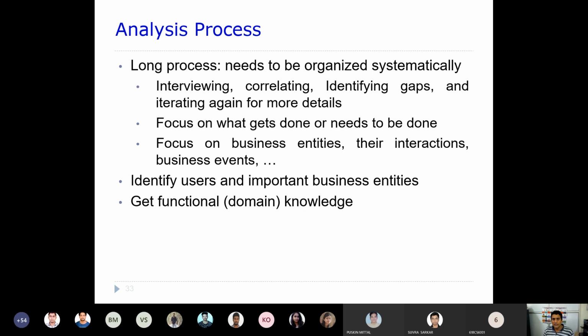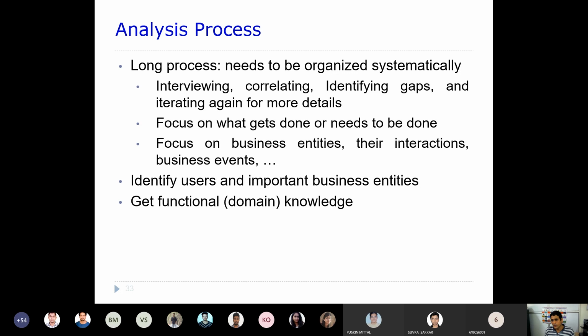It is a very long process, so we need to carry out these different activities in a very systematic manner, like interviewing, correlating, identifying gaps, and iterating again for more details. Maybe you can interview again and again. So try to find the gaps. Focus on what gets done and needs to be done.